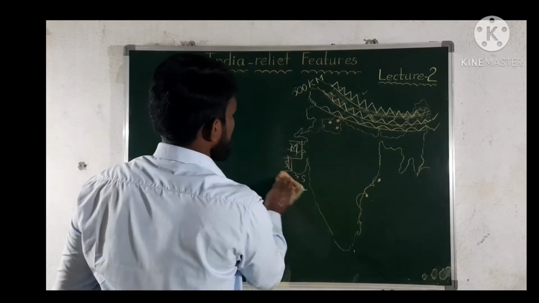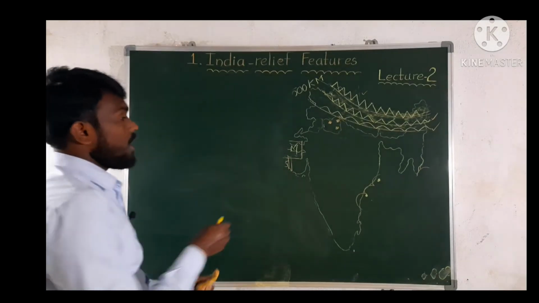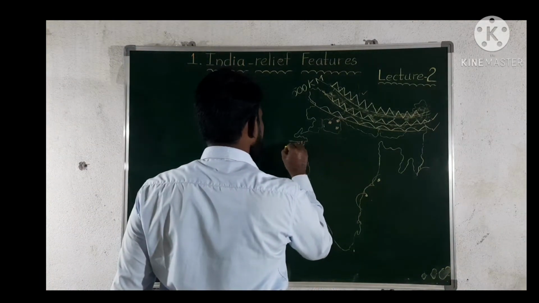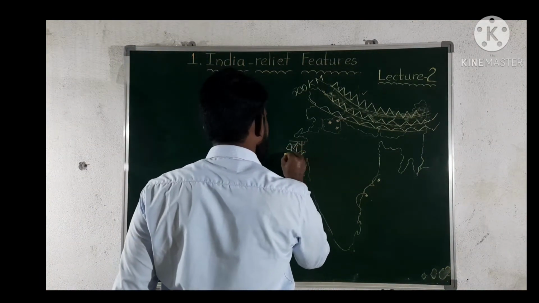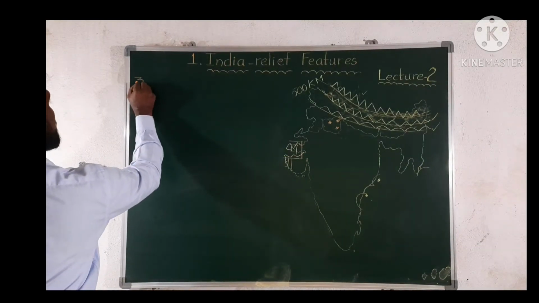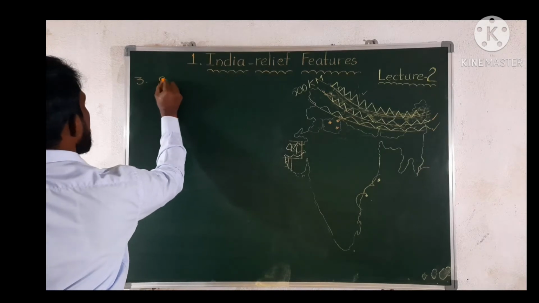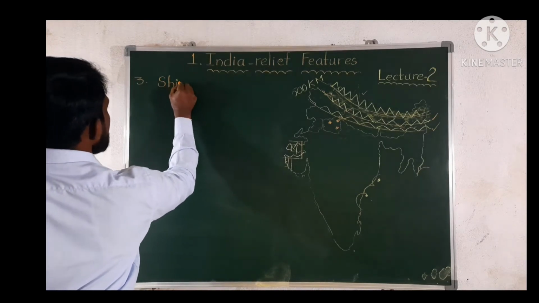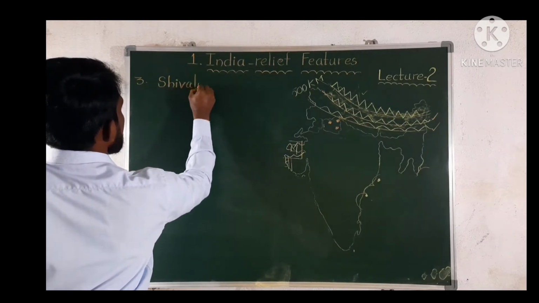Now we'll explore the last one, the Shivaliks. The third and southernmost range is the Shivaliks.